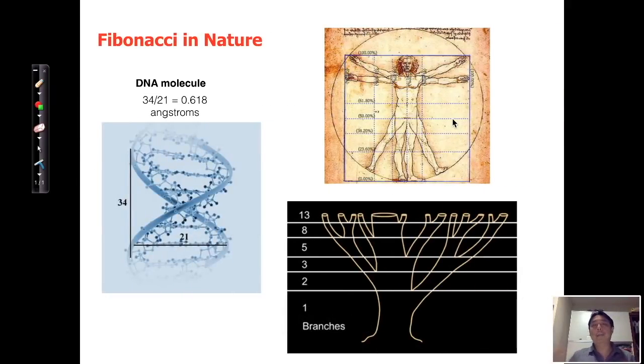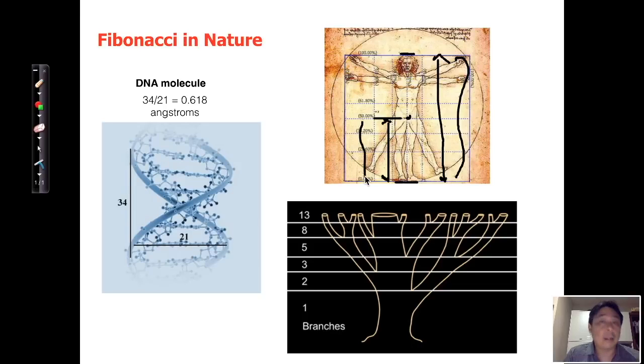If you look at the human body, and you take the height of an average person, the total length of a person, and then you take the distance from your navel, your belly button, to your feet, and divide the whole length of your body by this length, guess what you get? You get approximately 0.618.